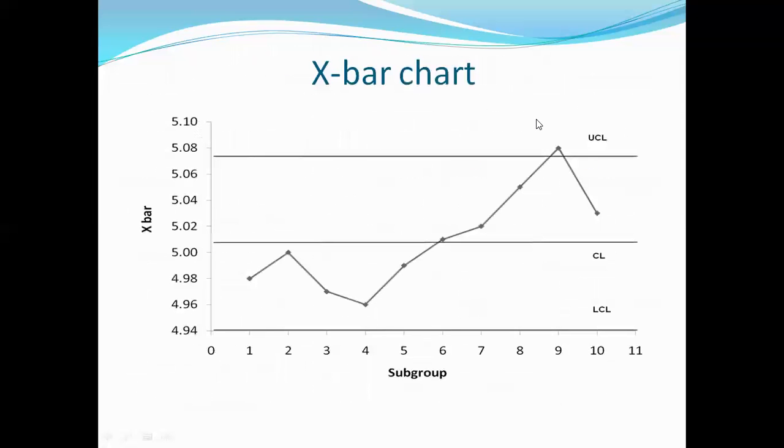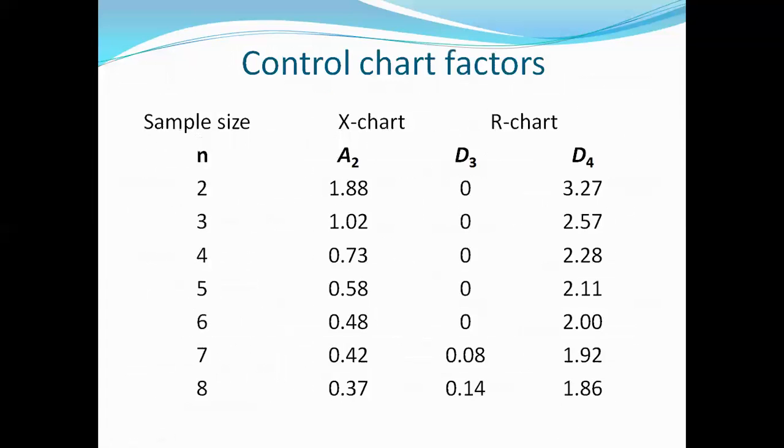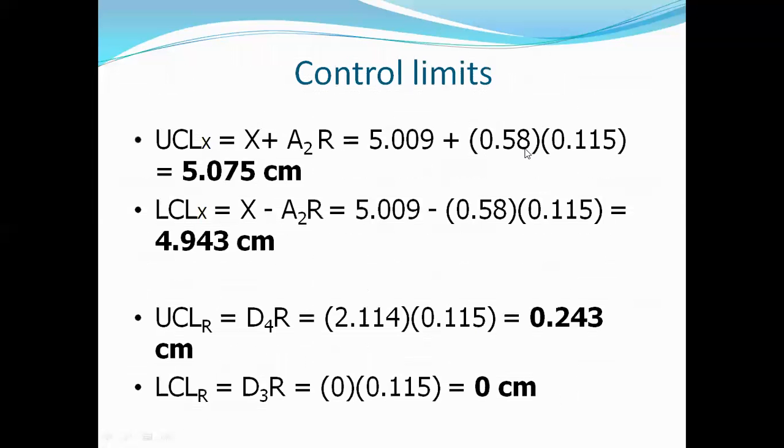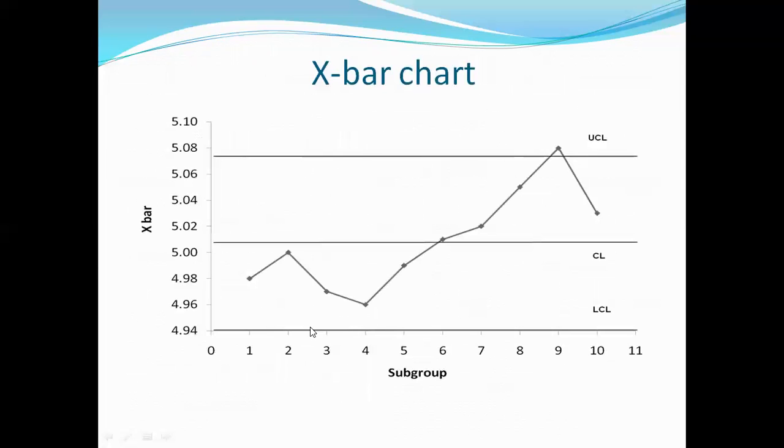Okay, so for the first value it is 4.98. And for sample number 2, x2 bar is 5. Similarly, x3, x4, x5, x6, x7. So we can plot up to the x10 value.